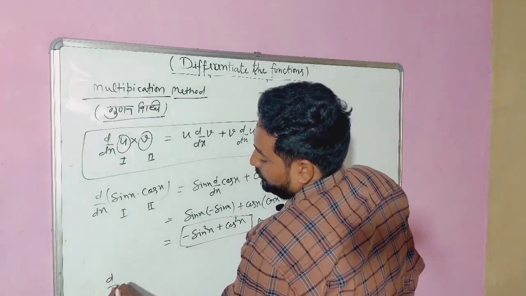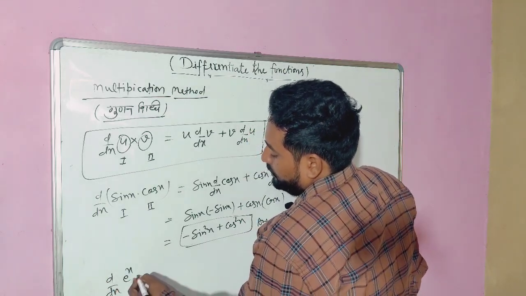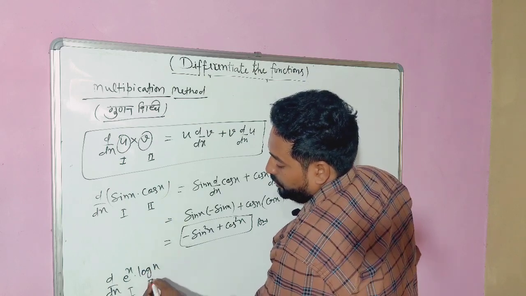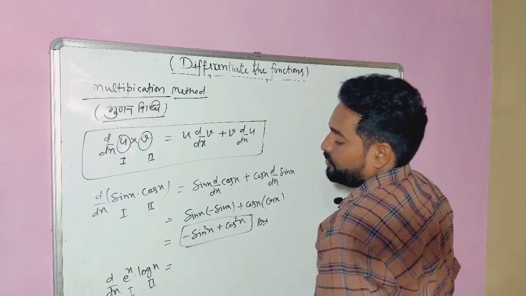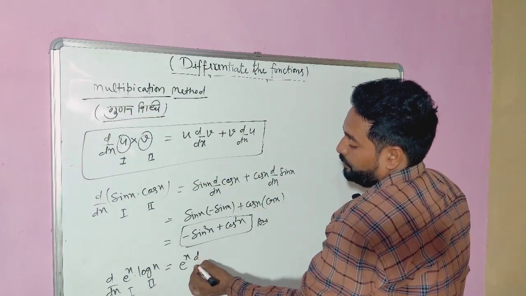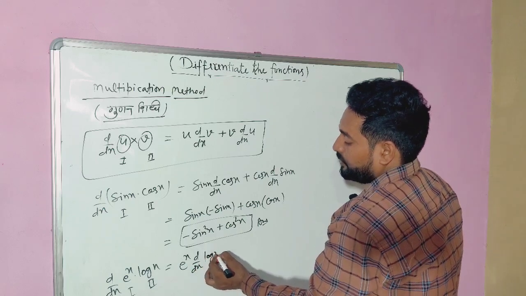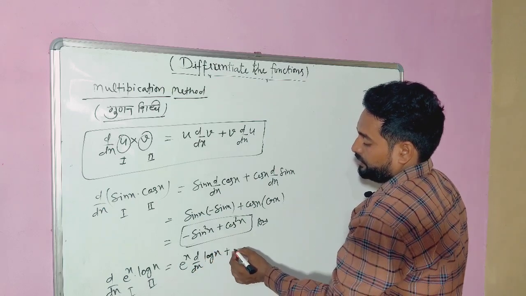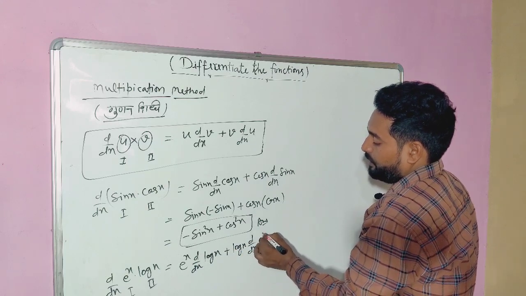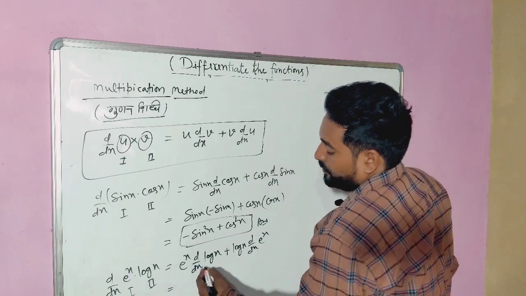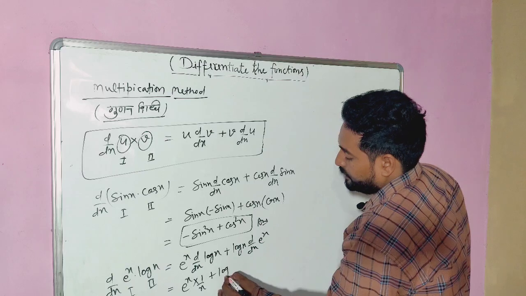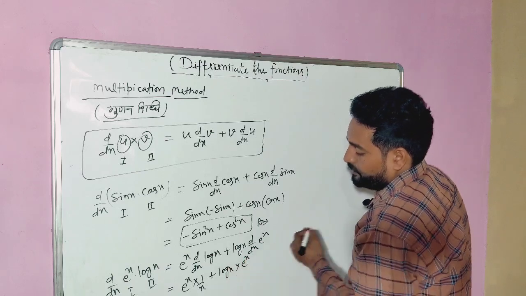Next question, friends. e power x log x. e power x is the first term, log x is the second term. So how can we solve? First term d upon dx log x, plus second term d upon dx first term e power x. e power x into 1 upon x, plus log x into e power x.